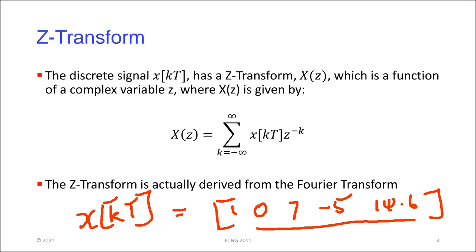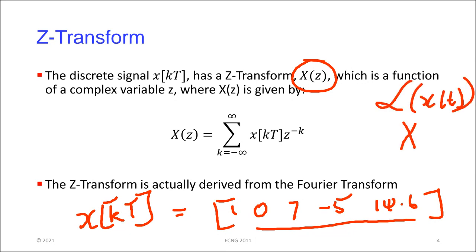The discrete signal x(kT) has a Z transform, and we're going to call it X of some function z. Just like how the Laplace transform of x(t) gives you X(s), the Fourier transform gives you X(j omega), the Z transform is going to give me something X(z), a function of z. z is a complex variable, which is not unusual.